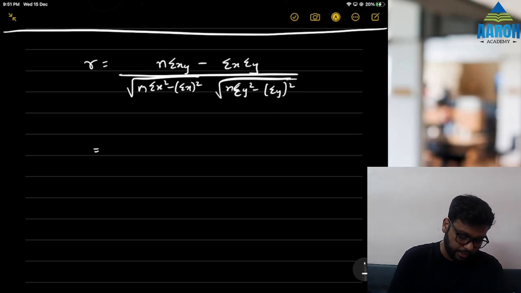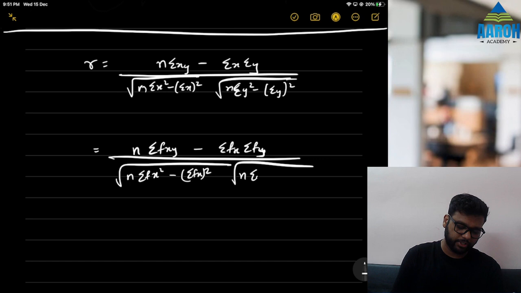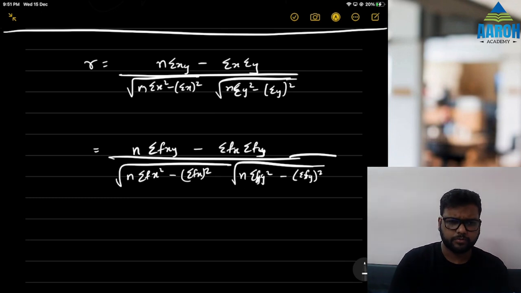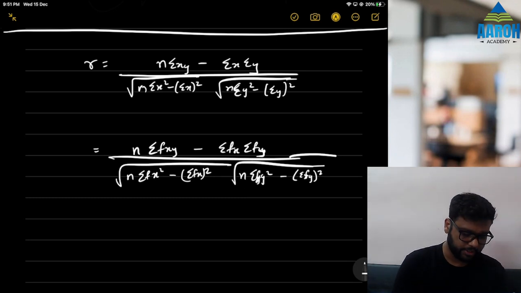So n into summation fxy minus summation fx summation fy upon square root of n summation fx square minus summation fx bracket square into similarly n summation fy square minus summation fy bracket square. That's it. So this is something that you might remember. Again, very unlikely to come in exam because this is very lengthy, but still.